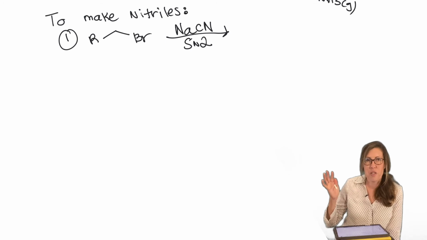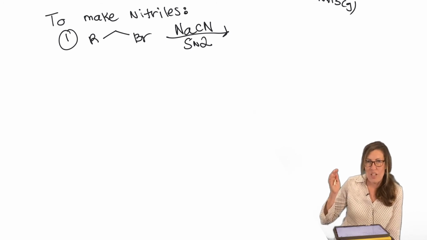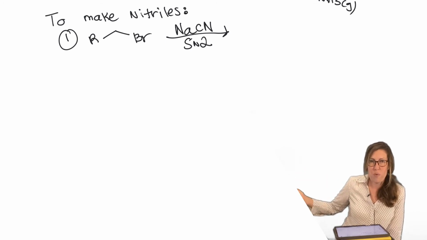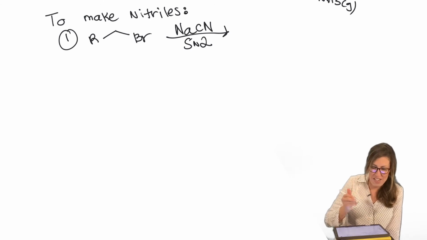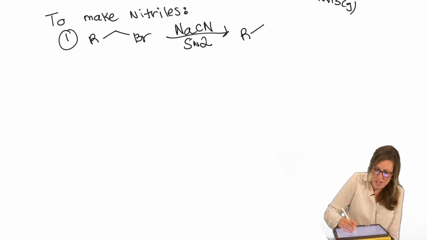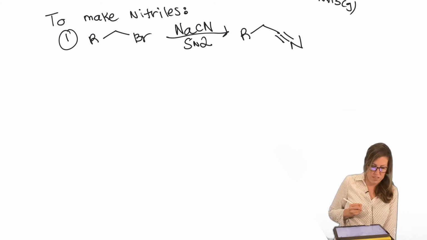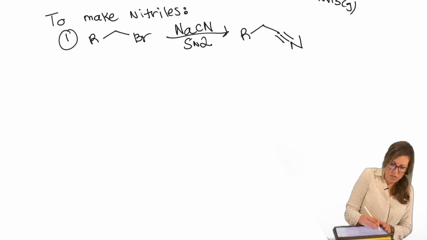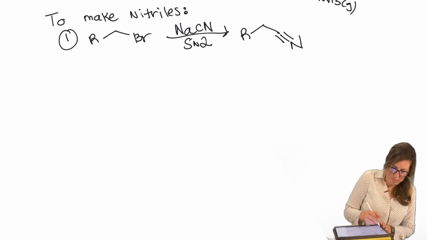We didn't make this big hoop and holler about it because you don't extend the carbon chain that much. You add one carbon, but don't forget that carbon because it is a little sneaky to forget, really easy to miss. Because now we have that carbon still there, and then don't forget if you draw that in, you have that now. So SN2. So there's one way to make them.